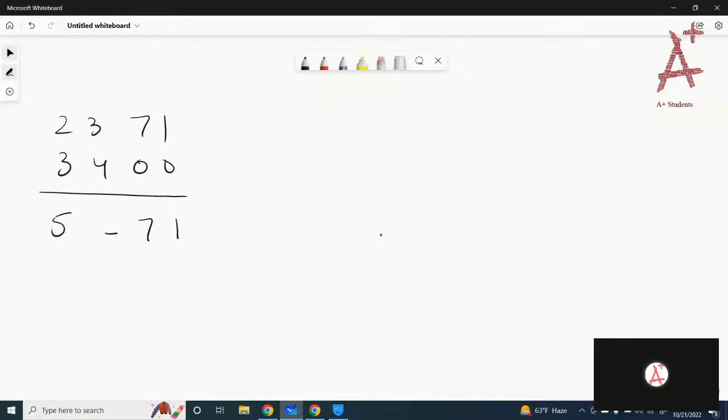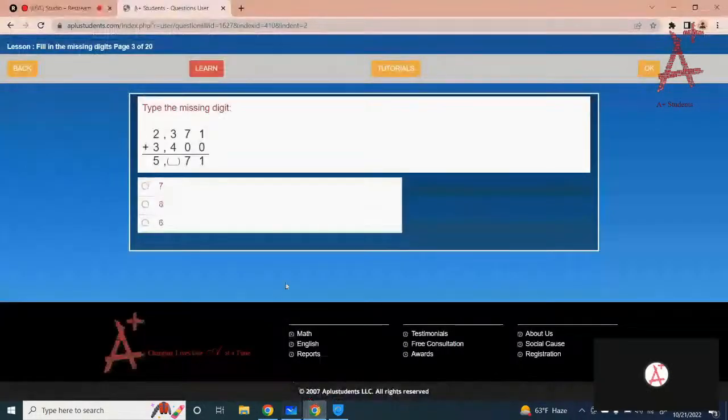You have to find the missing number. So simply they are adding, just calculate their sum. So 1 plus 0 is 1, 7 plus 0 is 7. So 3 plus 4 is 7. That means the missing number is 7. Got it? So select the correct option and then click on the OK button.